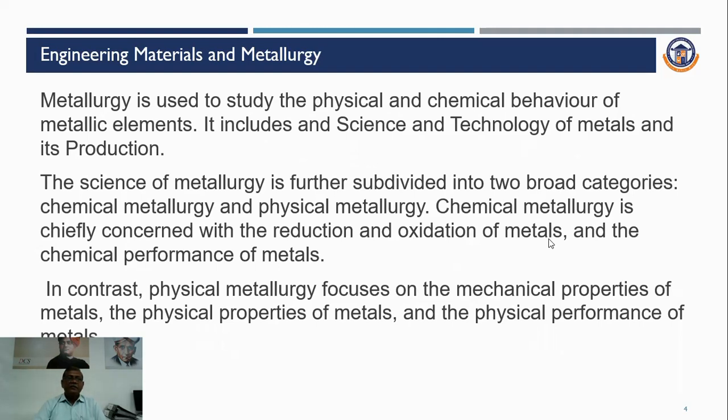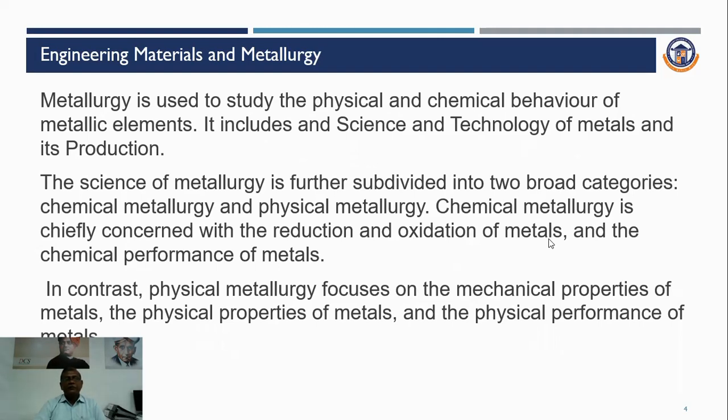The science of metallurgy is further subdivided into two broad categories: chemical metallurgy and physical metallurgy. Chemical metallurgy is chiefly concerned with reduction and oxidation of metals and the chemical performance of metals. In contrast, physical metallurgy focuses on the mechanical properties of metals, physical properties of metals, and the physical performance of the metals.